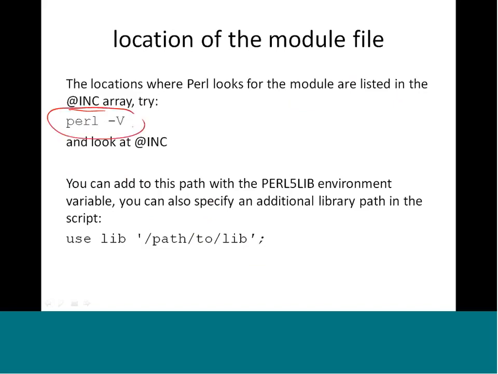So once you have perl -V, which is the verbose option, you can print this @INC to see where Perl looks for modules in your path. And then you can also add this path with the PERL5LIB environment variable, which is use lib and then the path to the libraries.